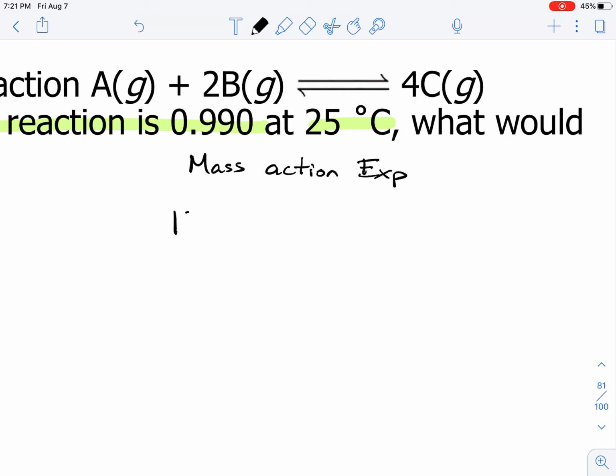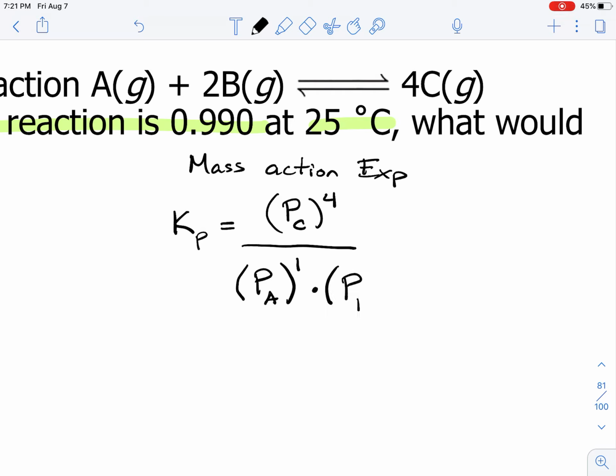for Kp is equal to the partial pressure of C raised to the fourth power, divided by the partial pressure of A raised to the first power, times the partial pressure of B raised to the second power.